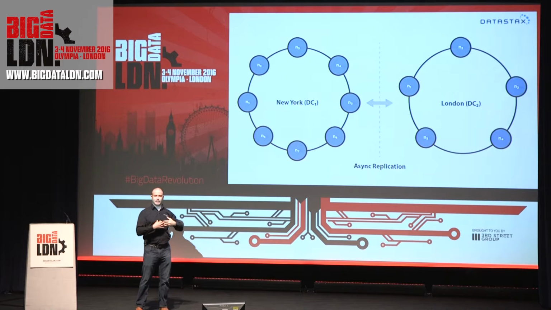I've made that asymmetric on purpose because we can do not only symmetrical replication, but also very fine-grained replication. I can say, I want 3 replicas of this data in New York, but I only need 1 in London to do analytics against it. So you can do that kind of fine-grained configuration of how you want your data replicated across those data centers.